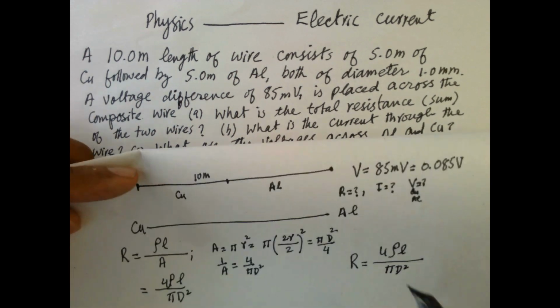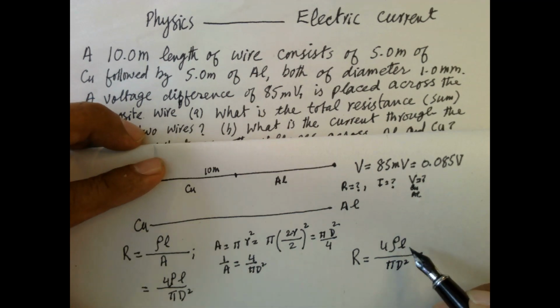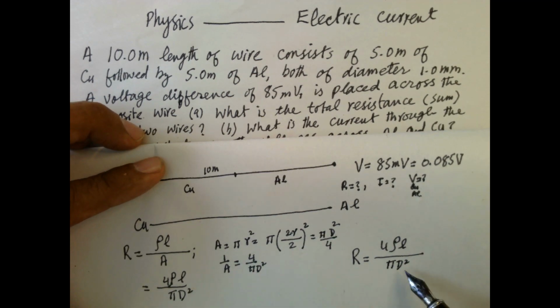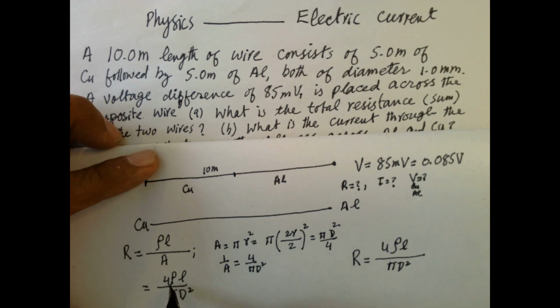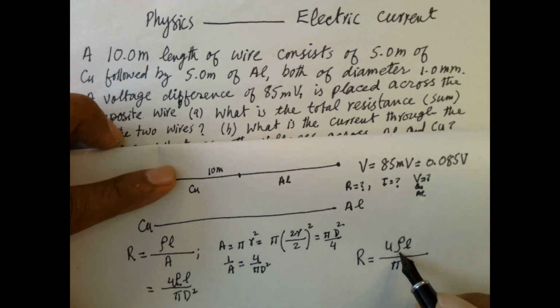So L is 5 meter, 5 meter, and diameter is the same, only resistivity is different. So here is copper and here is aluminium.